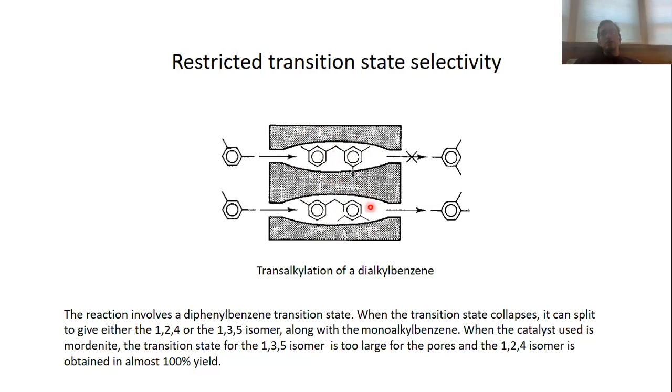While this intermediate here does not interfere directly with the pore walls, therefore it can form. Because that intermediate can form, also the final product can form, and the final product is then 1,2,4-trimethylbenzene, while the 1,3,5-trimethylbenzene cannot form because of restricted transition state selectivity.